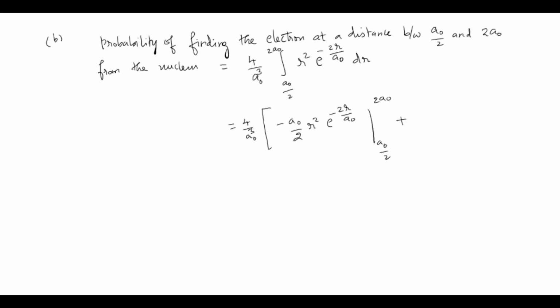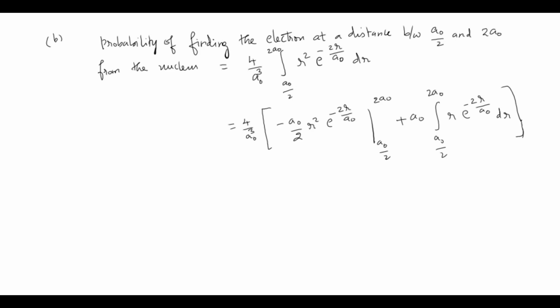plus a naught times this integral from a naught by 2 to a naught, so this is r e power minus 2r by a naught into dr. So we have to solve this integral once again.